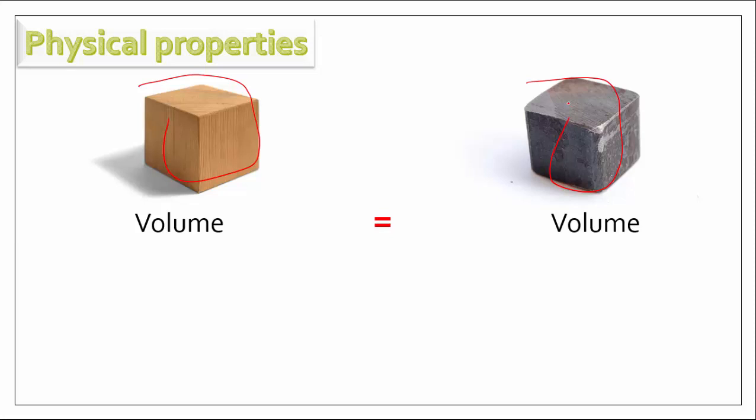But if I asked you, which one of them has more mass? Which one of them is heavier? The cube made up of wood, or the one made up of iron? Iron! The mass of the iron cube is greater than the wood one. As you can see in this example, they have equal volume but different mass.